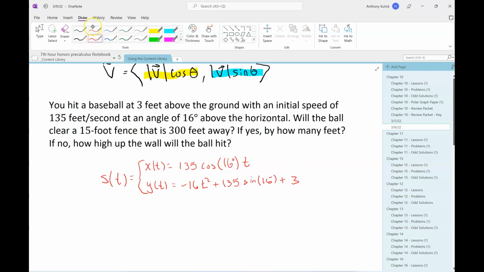Okay? So what are we really wanting to do here? To answer this question, basically we need to figure out the height of the ball at the wall, right? To get the height of the ball at the wall, we need to figure out the time in which the ball's at the wall.